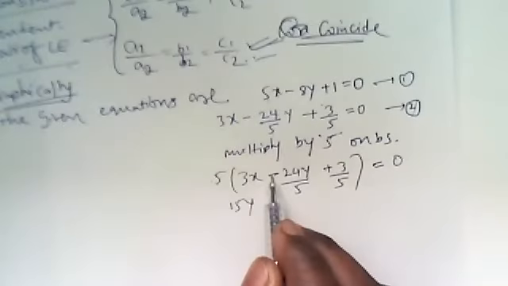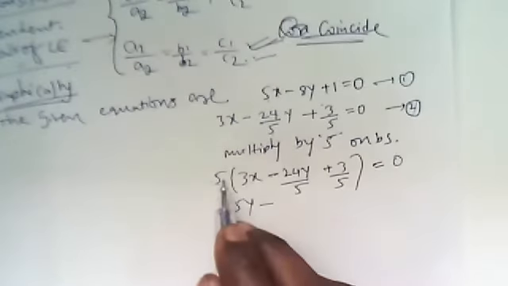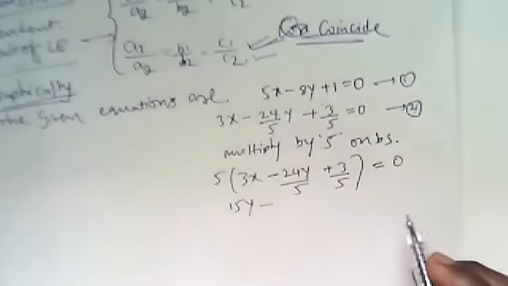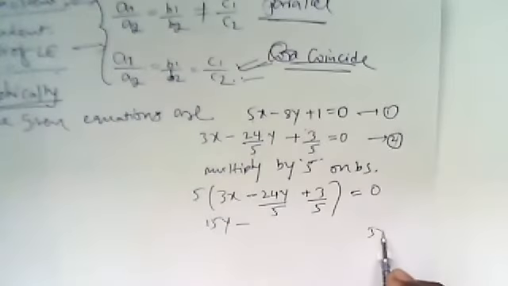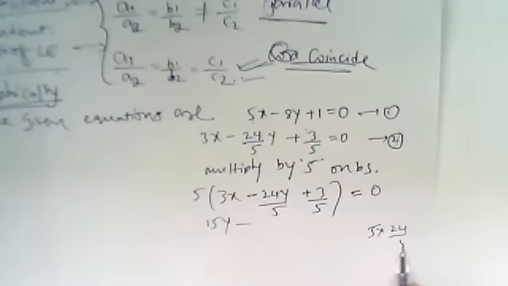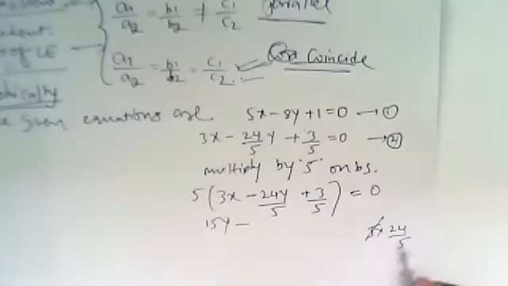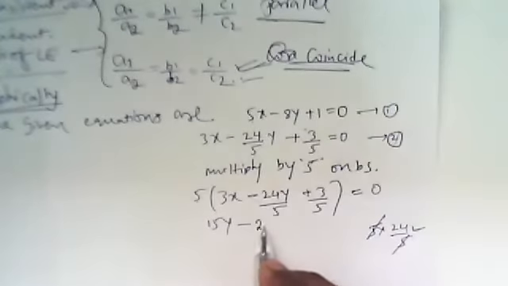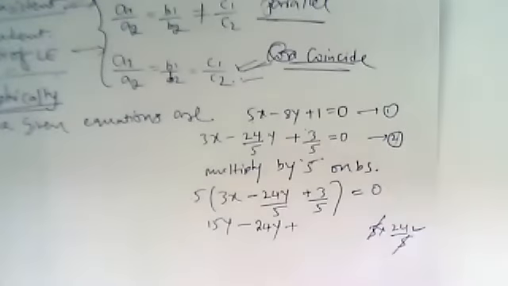Plus into minus gives minus. I am showing in detail: 5 into 24 divided by 5, the 5 gets cancelled, remaining it is 24. Therefore minus 24y. Here plus, there is no problem.